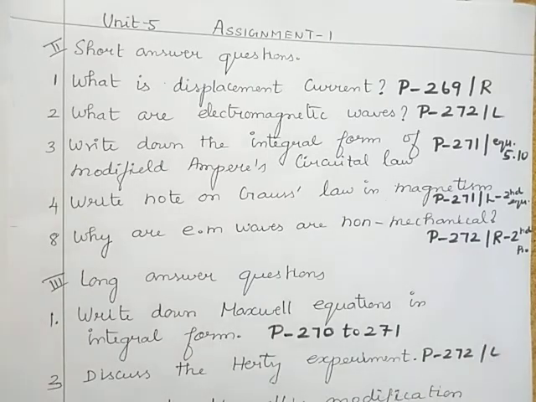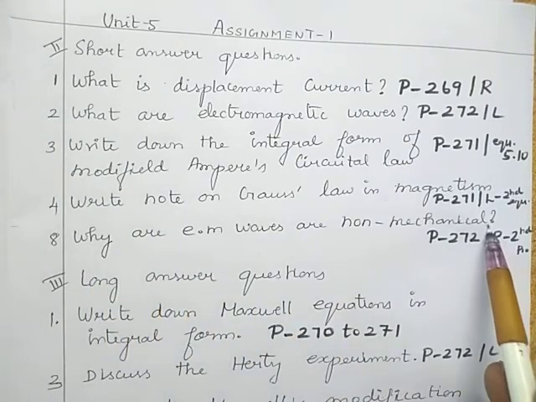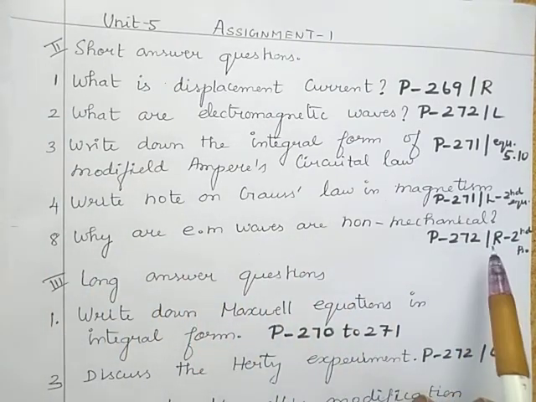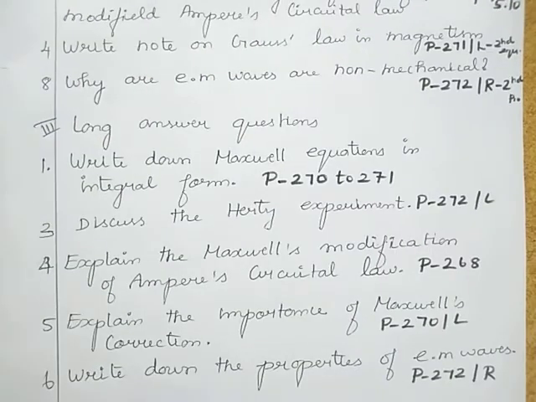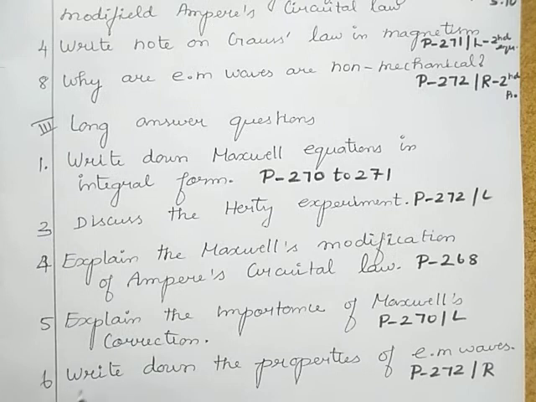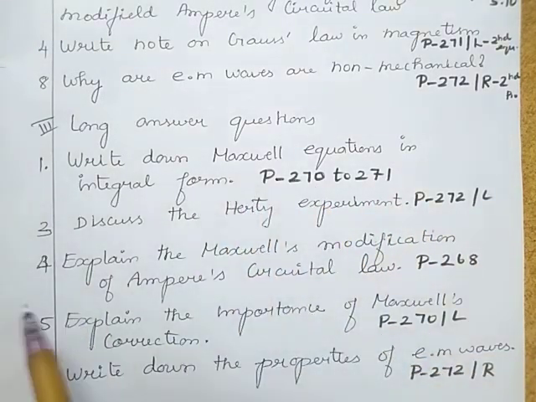This is our today's assignment. I gave 5 short answer questions. From these you have to write the first 4. The next part, let me discuss tomorrow. You have to notice the page number also. Then the long answers, that is also 5. This one is a question that we discussed a few minutes ago.